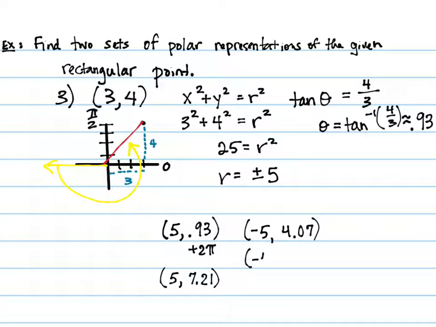I could go the other direction, true. I could go backwards, if you will, and go clockwise. So if I went this direction, how would I figure out what that angle measure should be? Might be worth noting they'd be negative, right? Because I'm going clockwise instead of counterclockwise. So it would be negative, but how could I find out what it's supposed to be? What is it if I go all the way like that?